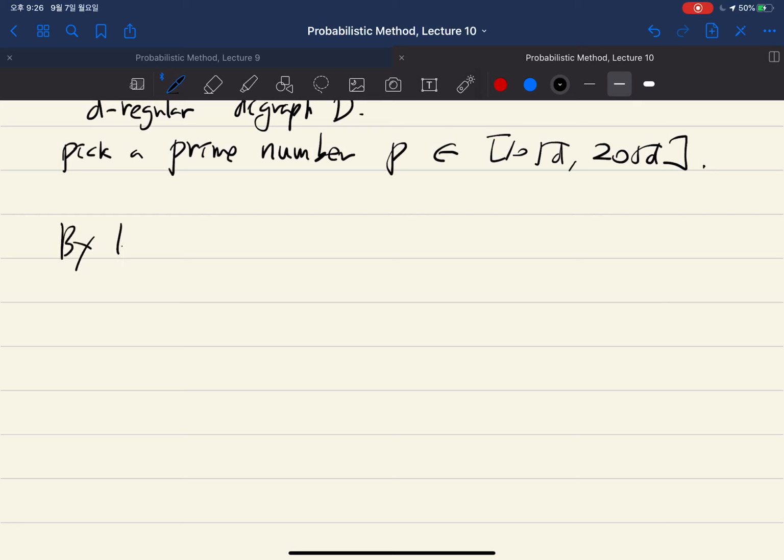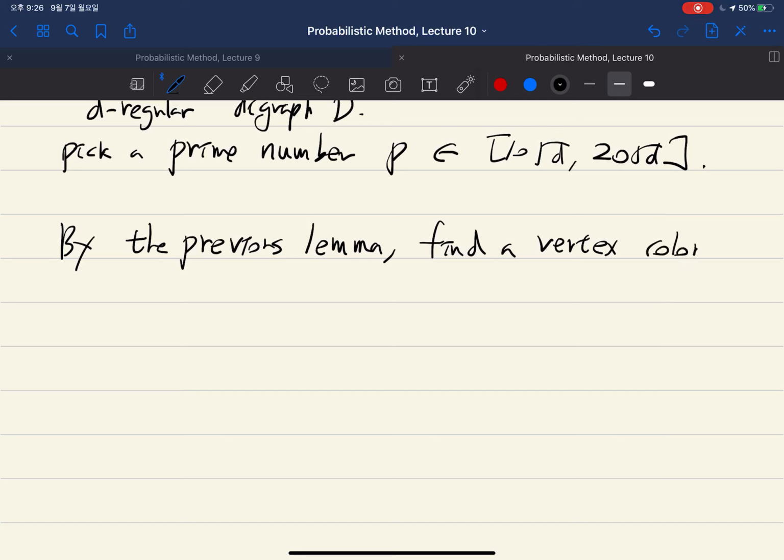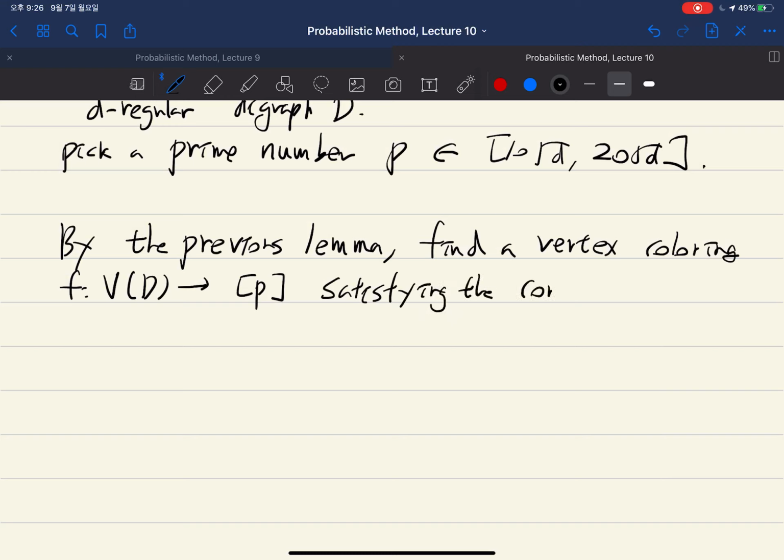And by using the previous lemma, we find the vertex coloring satisfying the conclusion of the lemma.